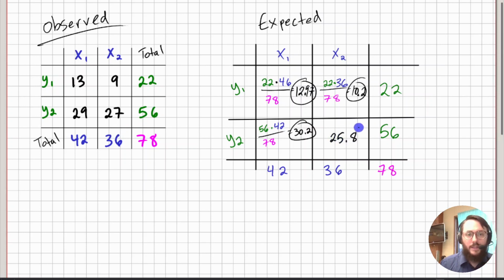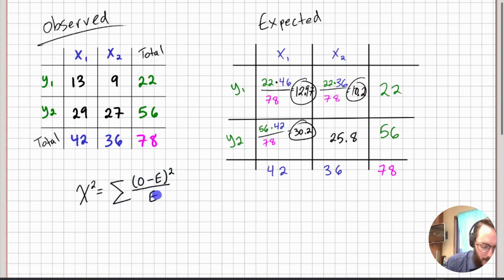Now the chi-square test statistic is the exact same thing that you had before. We're going to add together all of the observed values minus the expected values squared divided by expected.